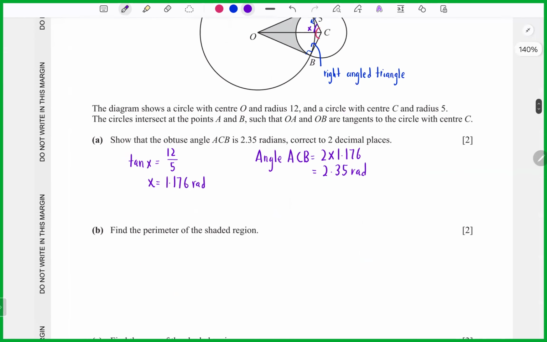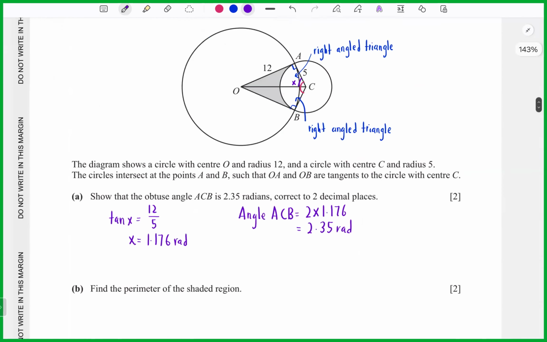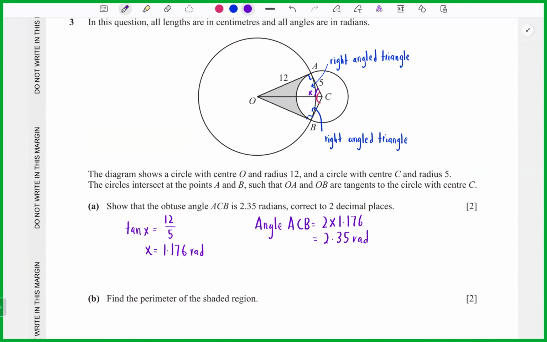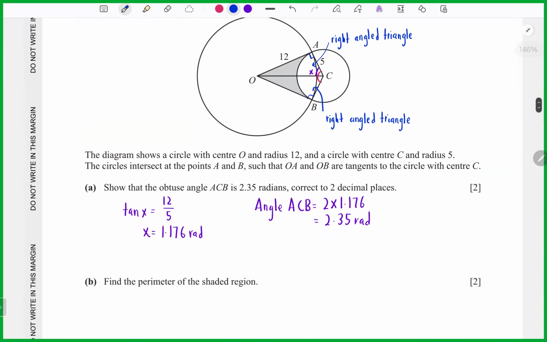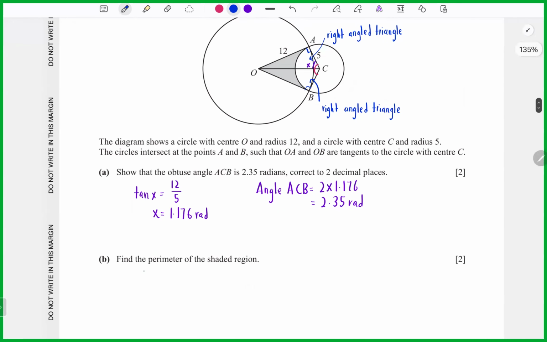Now the question B: find the perimeter of the shaded region. We need to find the arc length of AB. Looking back at the question, the arc is on the circle with center C. Recall the arc length formula: s equals r theta.